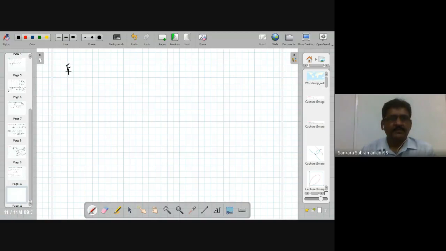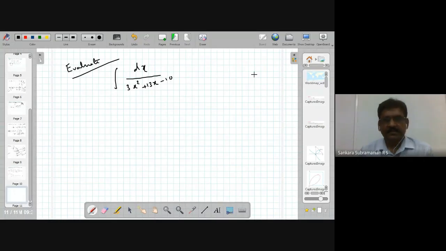Evaluate integral dx by 3x square plus 13x minus 10.